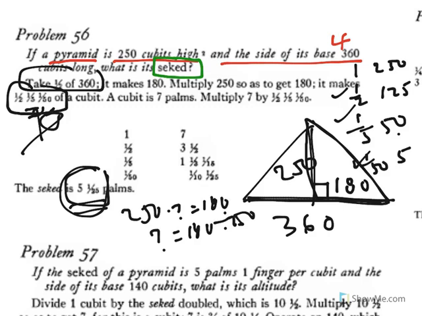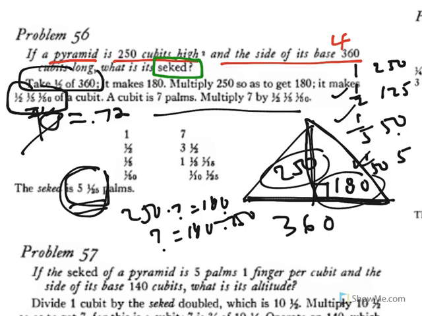Now that number as a decimal is 0.72. What does that even mean? They are going to multiply by 7, but let's not look at that just yet. That number was 180 divided by 250.